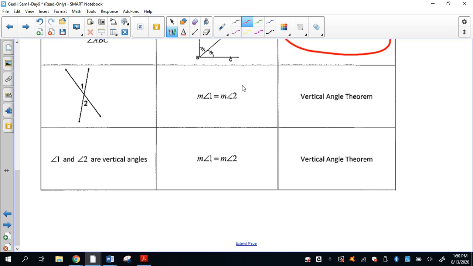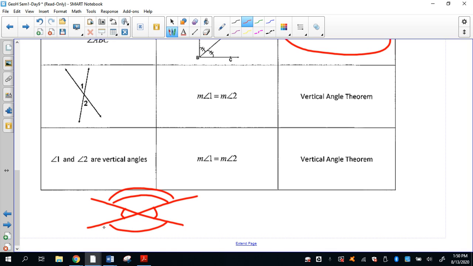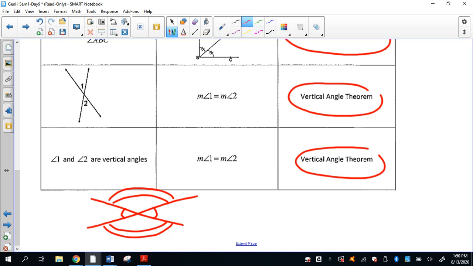The next two are vertical angles. We know that if you have two line segments, lines, or rays that intersect each other, we are given opposite angles, and opposite angles are always equal in measure. So we have two pairs of equal measured angles, and by the vertical angle theorem, those measures are equal to each other.